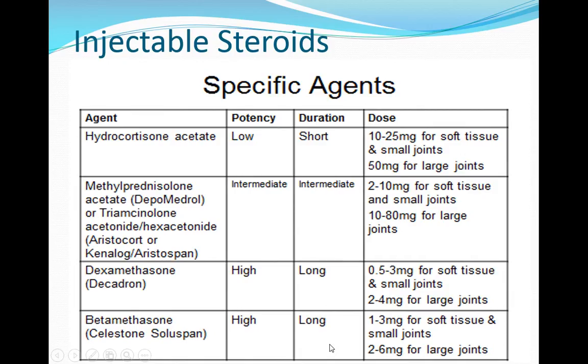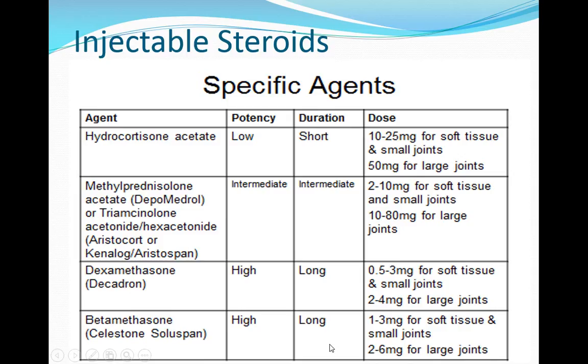So most rheumatologists like to never use the hydrocortisone because that doesn't stay around long enough. We either use the methylpred, but technically the betamethasone or the dexamethasone are the two that are preferred.